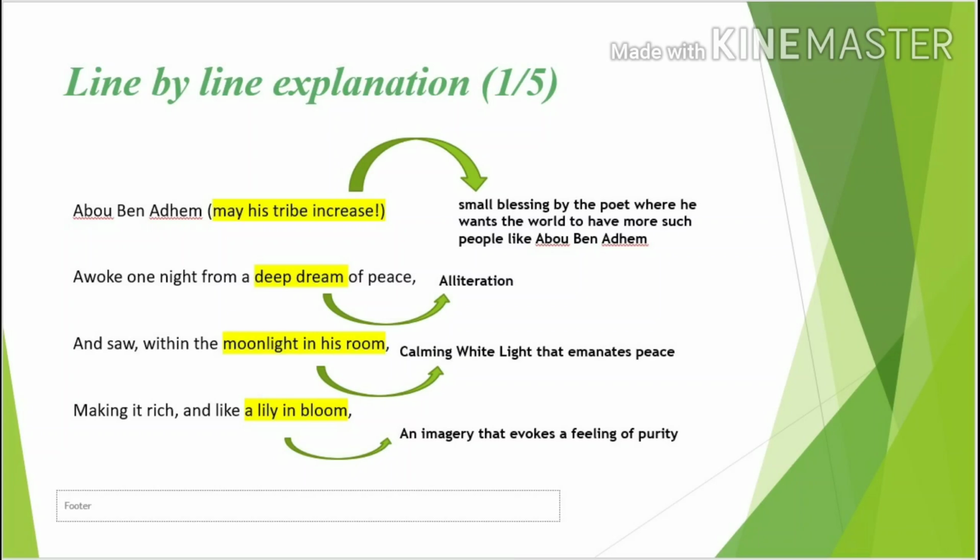It's wonderful. The fragrance is heavenly. So, the poet is trying to say that when he woke up, it felt like there were lilies in bloom, meaning so many lilies were blooming. It was so peaceful, so white, so pure and rich, and wonderfully calming. It had a calming effect on the person.